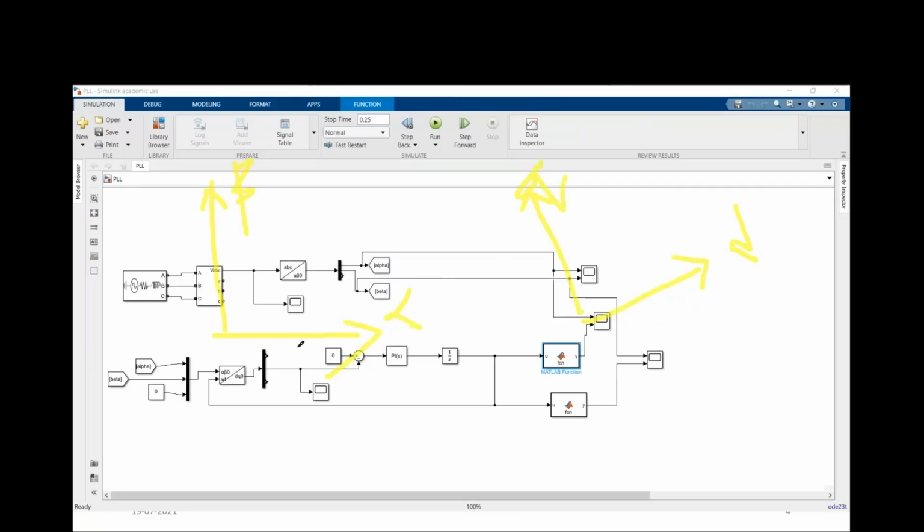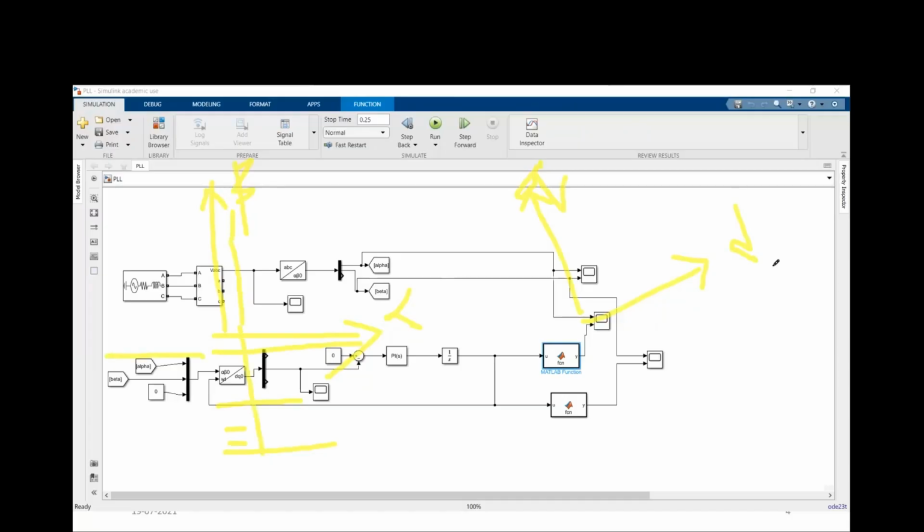But here, the alpha magnitude is going to vary with respect to time. It may go to maximum, then it may go in the reverse direction. Similarly, beta may vary like this.